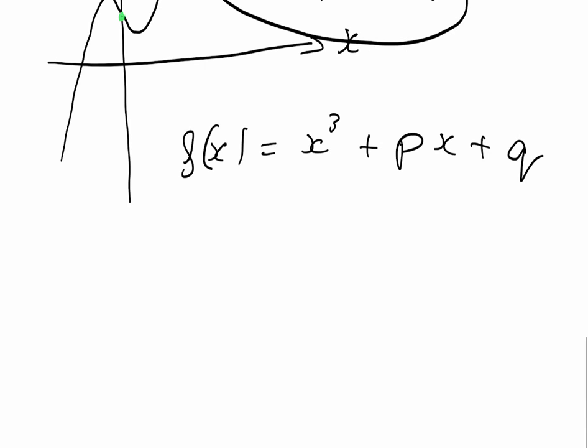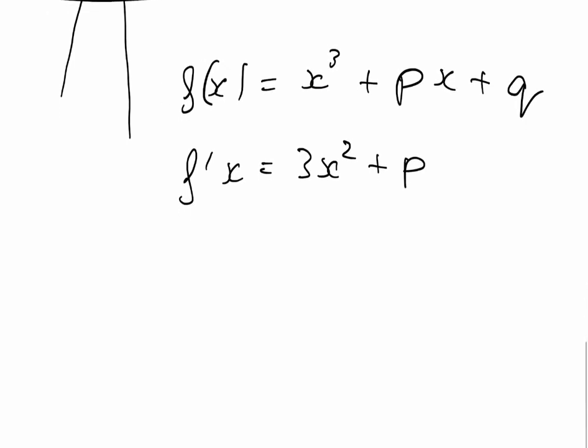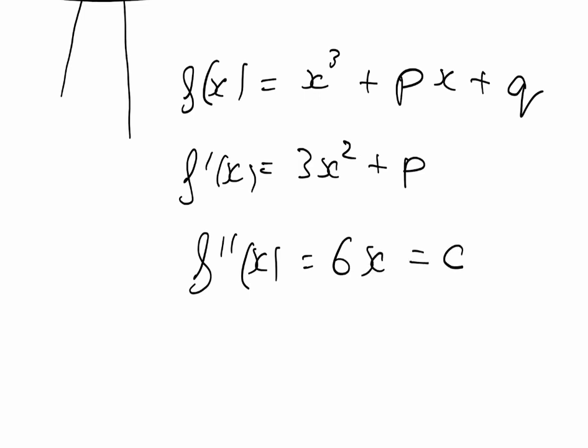And I'm going to find the derivative, which is f dash of x equal to 3x squared plus p. And then we have f double dash of x equal to 6x. And when that is equal to 0 is the x-coordinate of the inflection point.